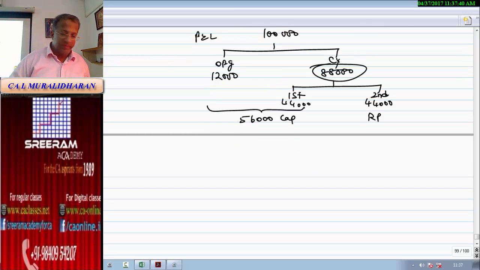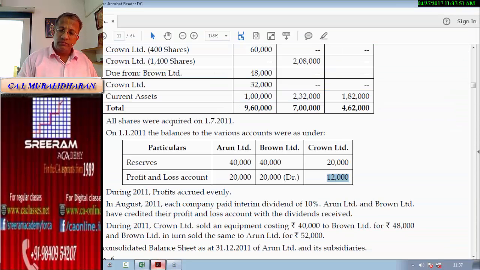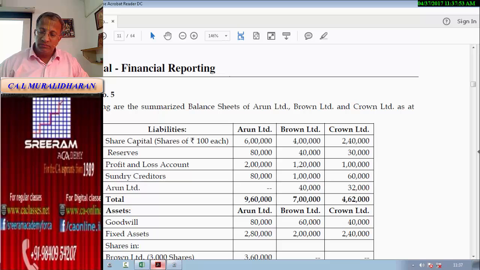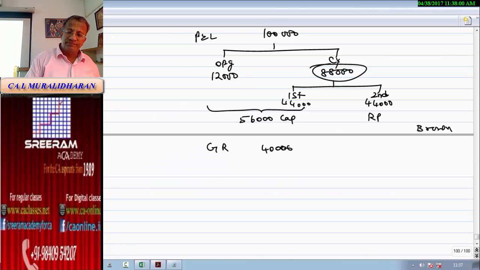Then we take up Brown for our analysis. General reserve 40,000 at the end, also 40,000 at the beginning.